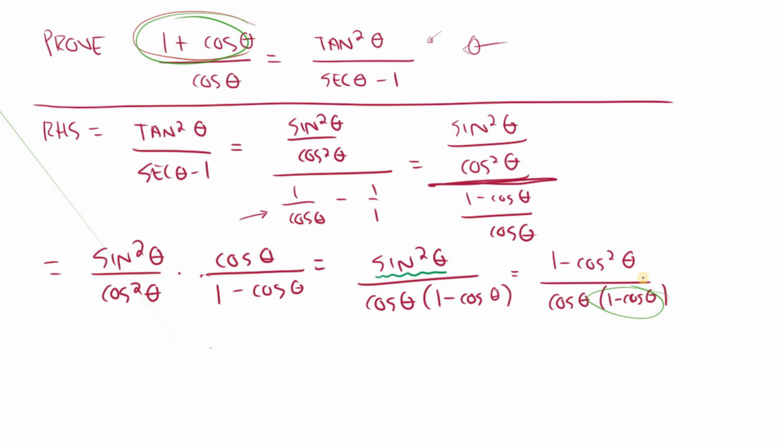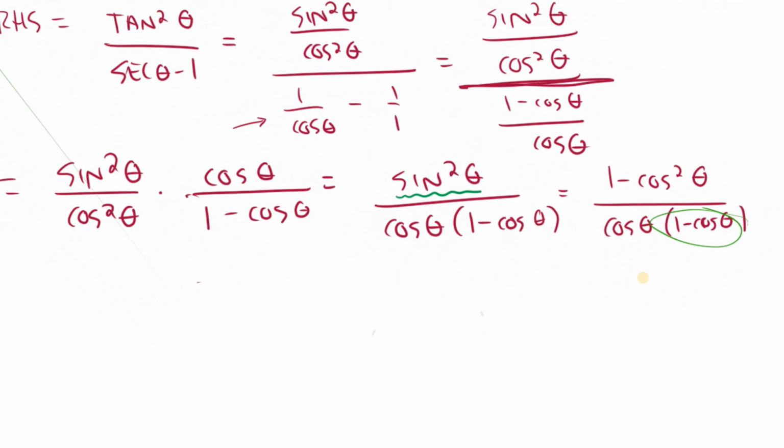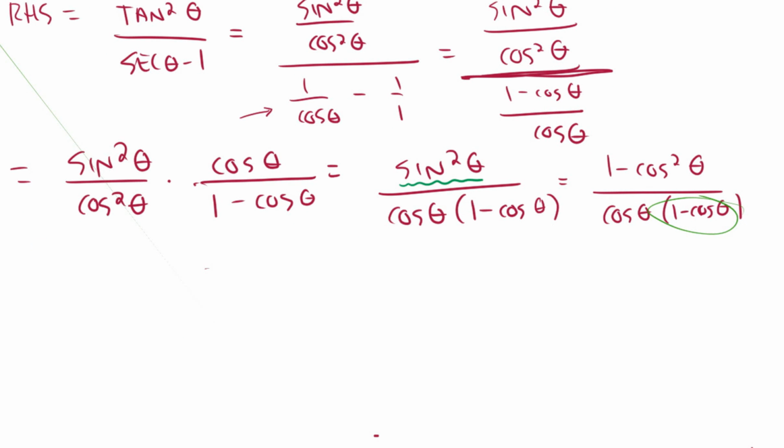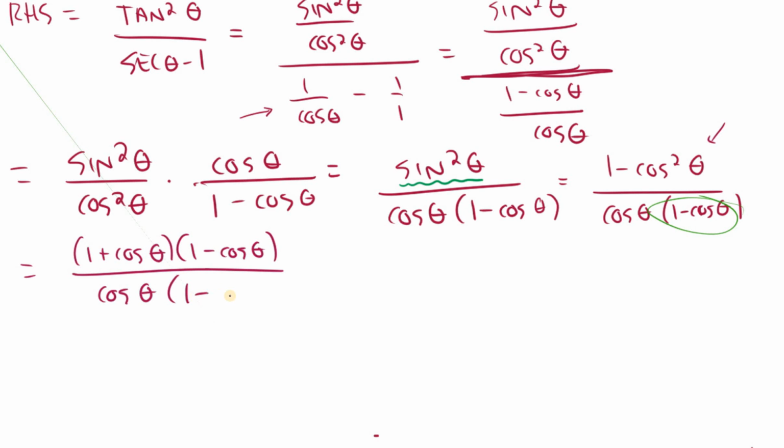So 1 minus cosine squared is going to factor into those, so I guess that's just what you need to do. Factor this. That is 1 plus cosine theta, 1 minus cosine theta, all over cosine theta, 1 minus cosine theta.